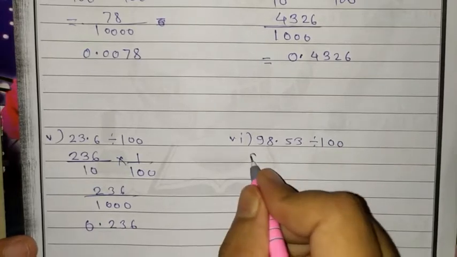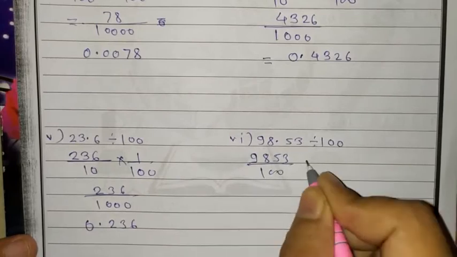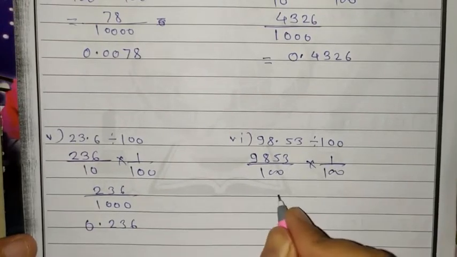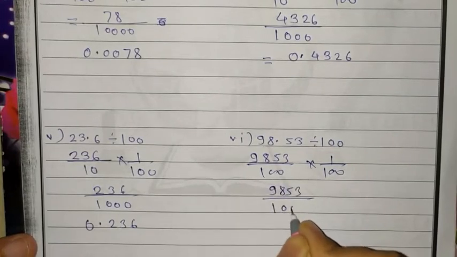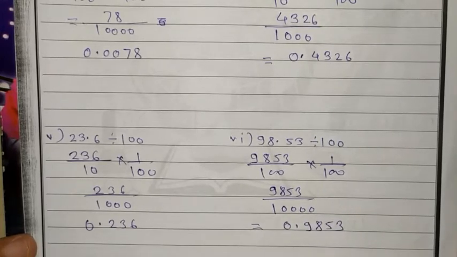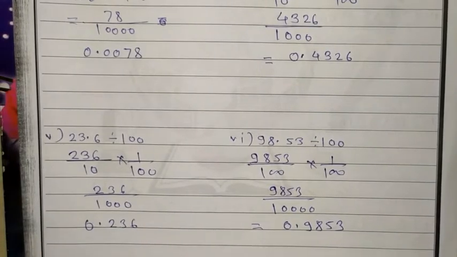And here write the number as it is upon 100 into 1 upon 100. So finally write the number as it is, upon 10000 will be there. So our answer is 0.9853. So I hope you understood this. After this we will move to the next question.